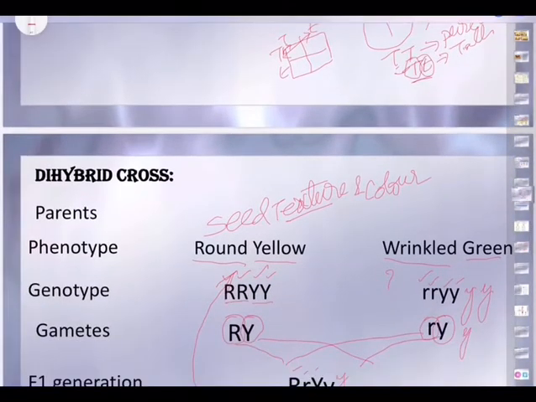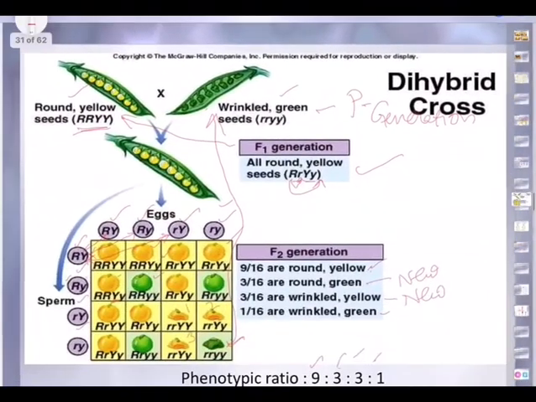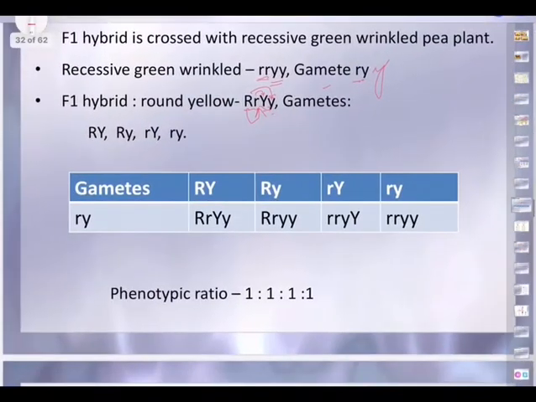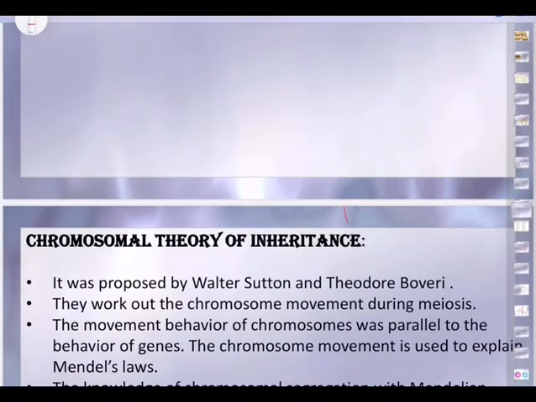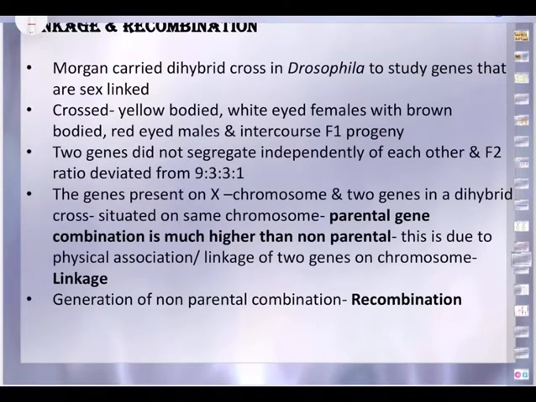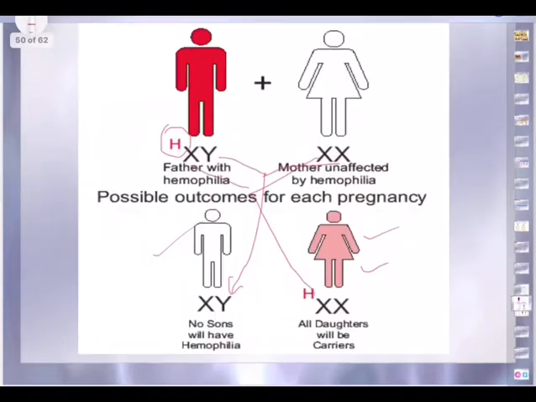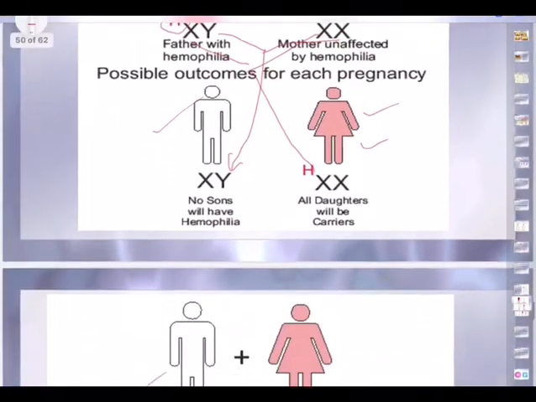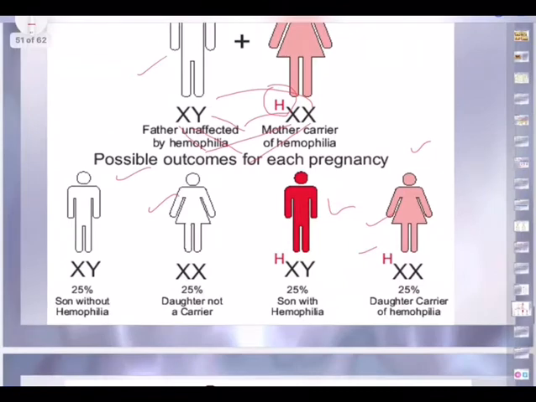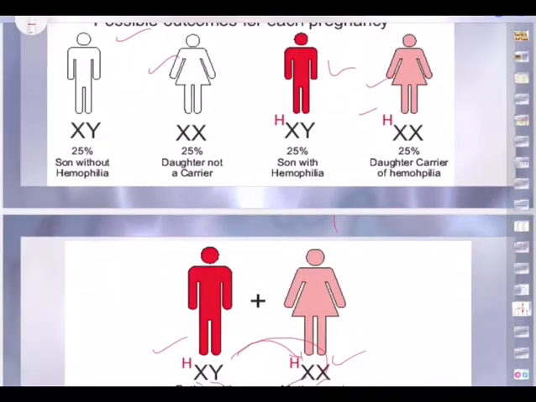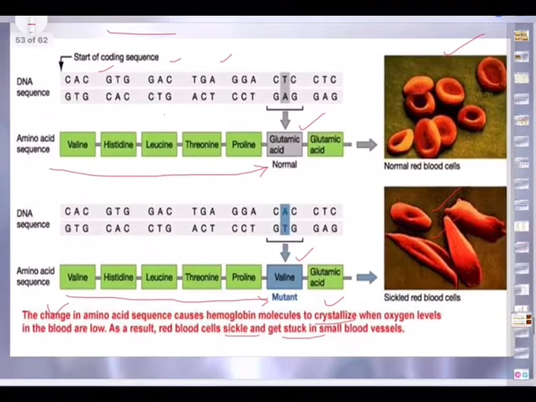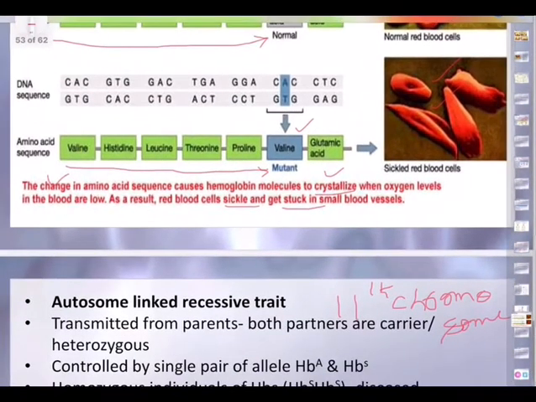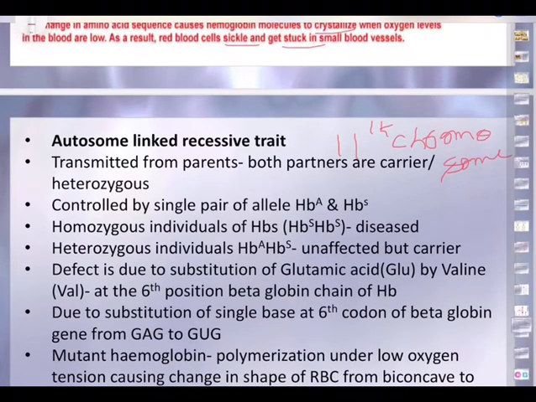Whatever I have explained to you: codominance, the IAIB blood group, the inheritance of 2 genes, then dihybrid cross, test cross, and then we have come to the next one, that is linkage and recombination, of course mutations, and yesterday's class, hemoglobin, and then we were talking about the hemophilia condition.